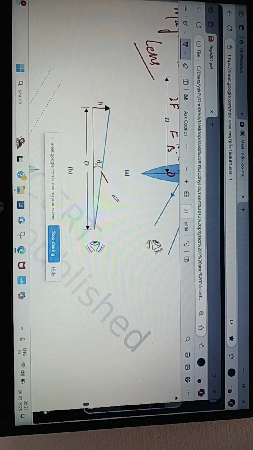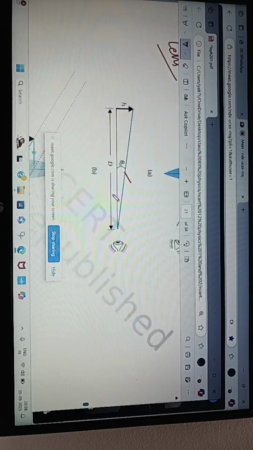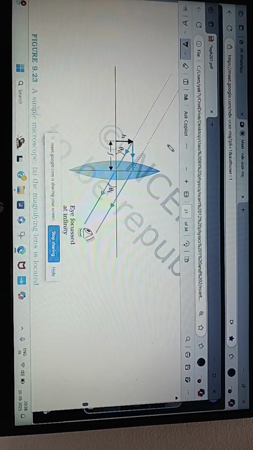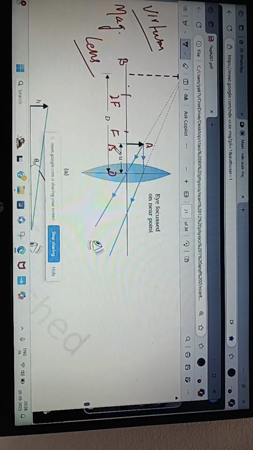Theta 0 means O. What is that? O indicates what? O is called object. So it is the angle of the object. Then another figure. Two figures are there, two conditions are there. This is the first condition. Object is between F and O.